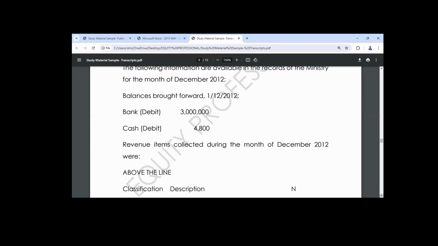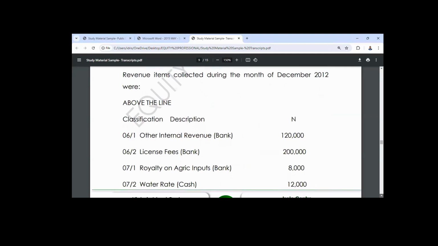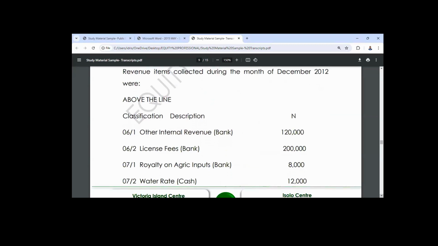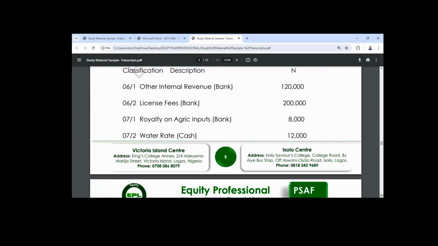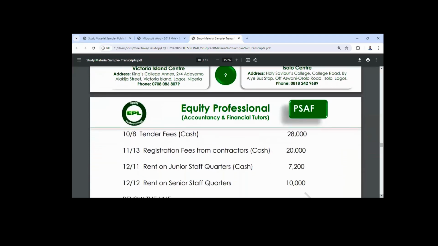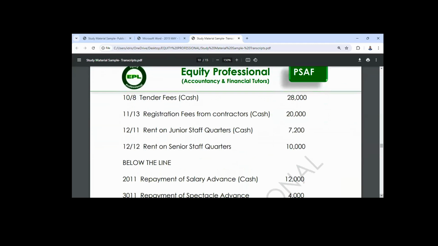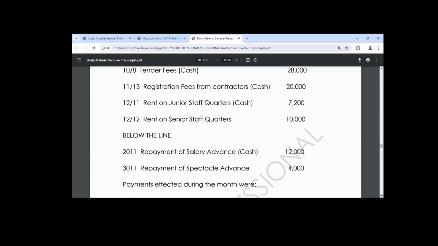Revenue items collected during the month of December 2012 were, above the line: other internal revenue, license fee, agriculture, royalty on agricultural input, water rates, tender fees, registration fee, rent on junior staff quarters, and rent on senior staff quarters.